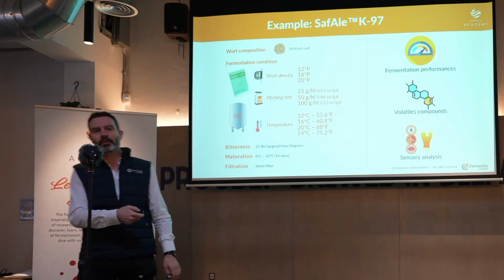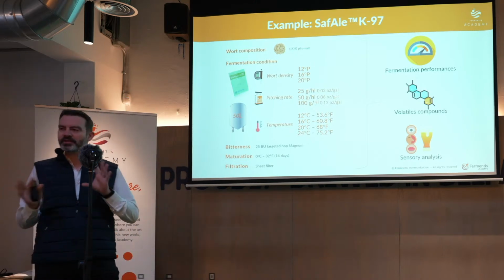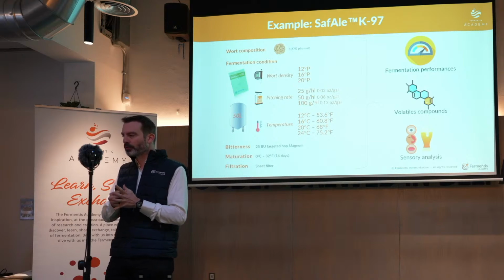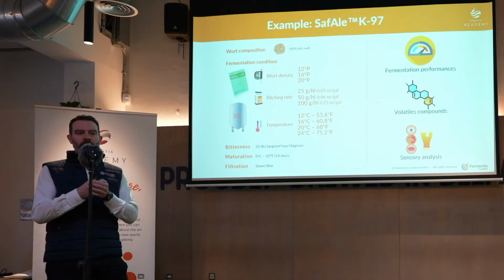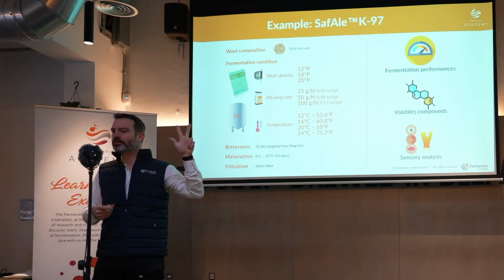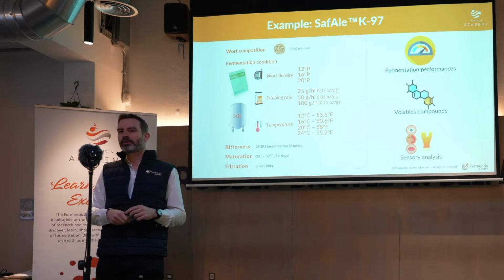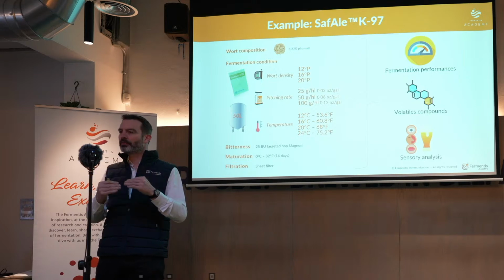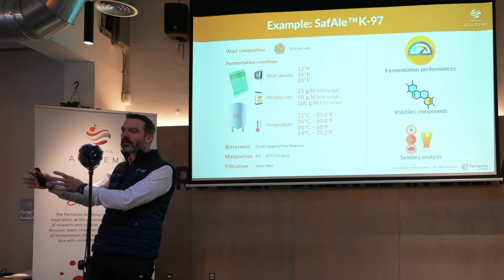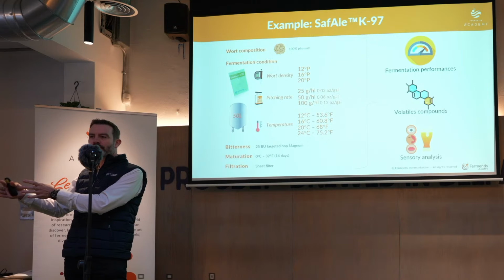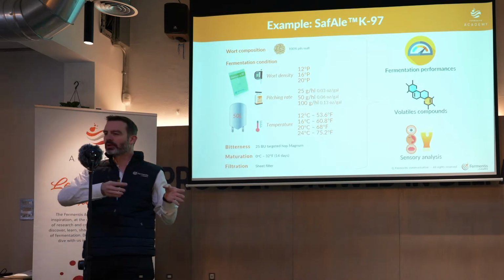Okay, here it's with K97, but we're going to have similar work for other yeasts. So basically, we're going to work on three parameters: pitch rate, temperature, and gravity. And so we're going to change the different gravities. So basically, we make a 20 Plato wort, and then we can dilute it to 16 and 12.